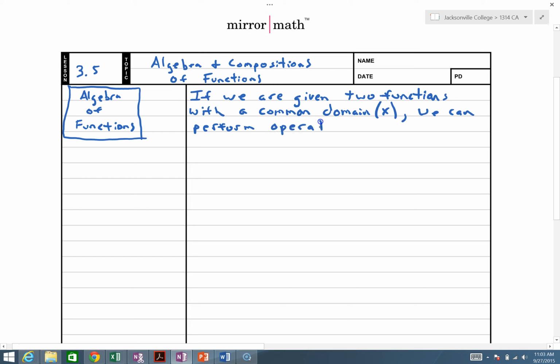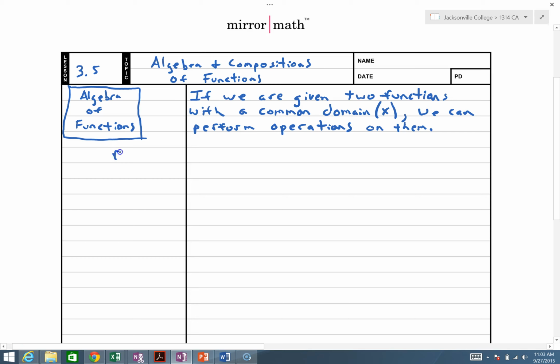And this is going to, I suspect, be pretty straightforward for you. We'll end up treating functions much like we treat real numbers. Here are the facts.